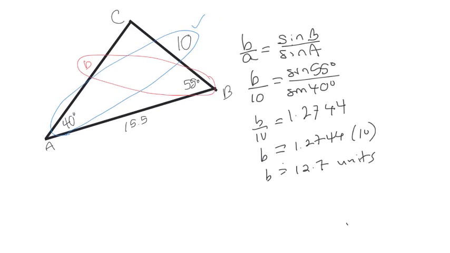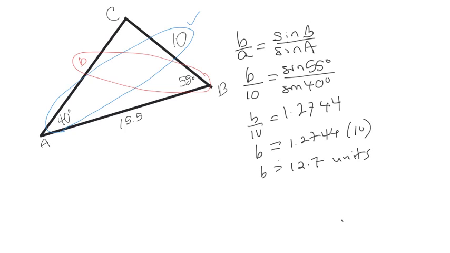Okay, again, I'm just going to zoom out a little bit. And I'm going to start off by, again, writing my ratio. Since it involves C and A, I'm going to take side C, which is the longer of the two, divided by side A. And that's got to be equal to the sine of angle C divided by the sine of angle A. So that's my starting ratio.